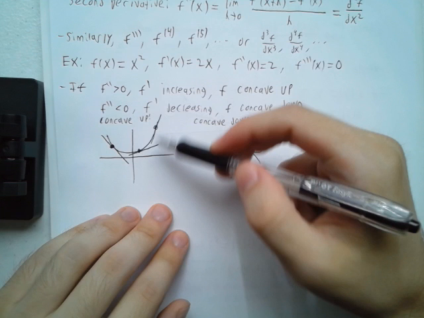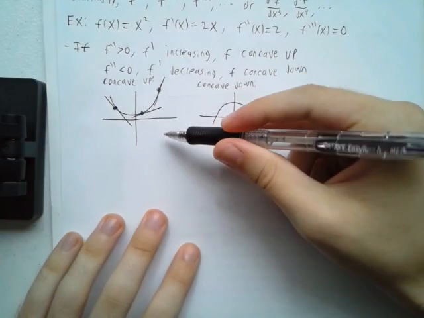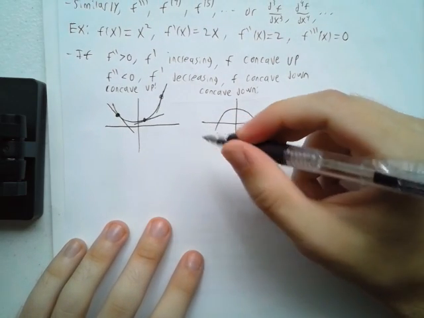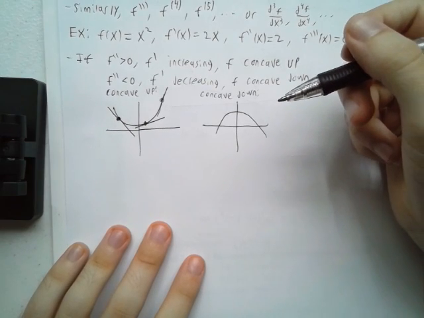So the second derivative is representing a rate of change of a rate of change. So sometimes we can interpret that as an instantaneous acceleration.